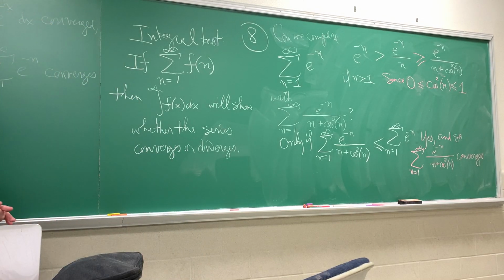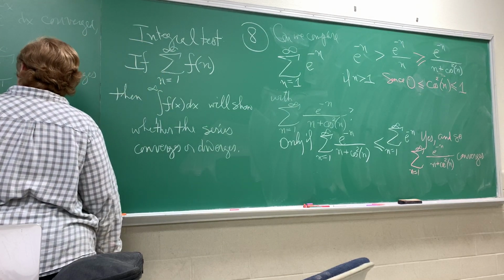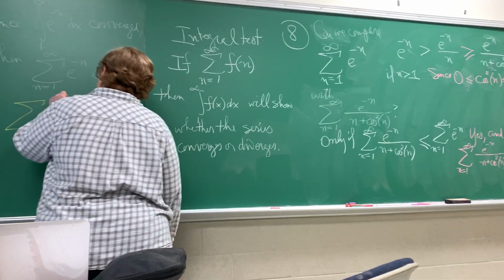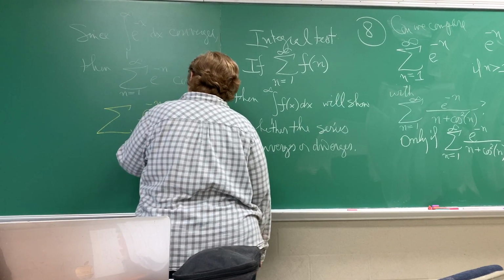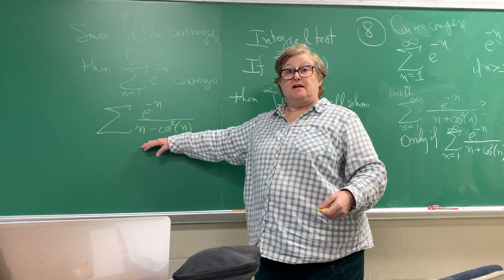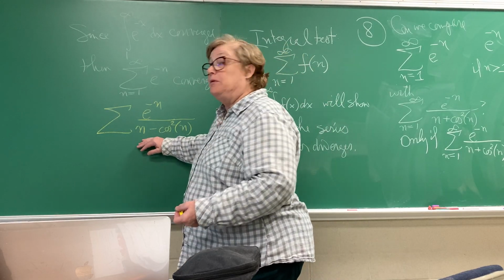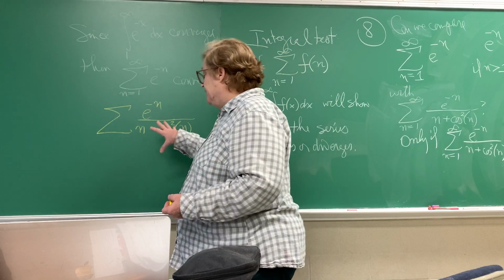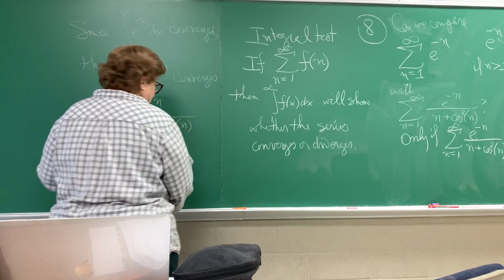All we could say, if we compared with e to the negative n over n minus cosine squared, is that we couldn't use the comparison test. We'd have to use a different test. That's something that probably does converge still, but we can't prove it using the comparison test. Gotcha.